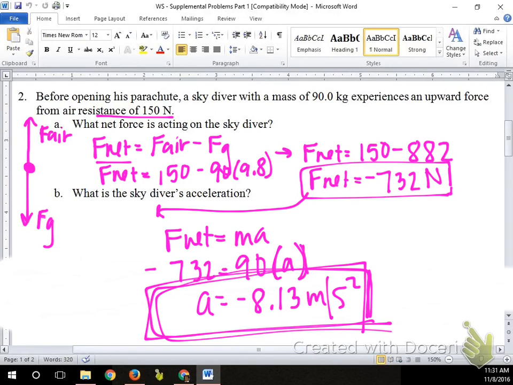Is he going to start moving slower or faster? Slower. So the acceleration will decrease as he opens that parachute. It might decrease so much that he has a positive acceleration.